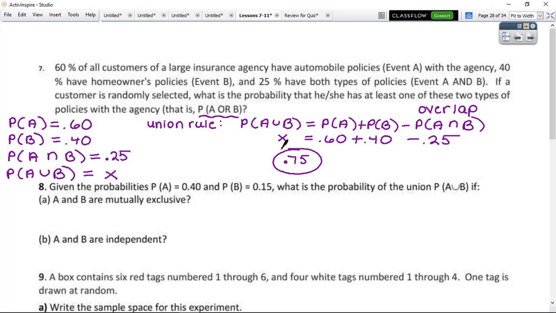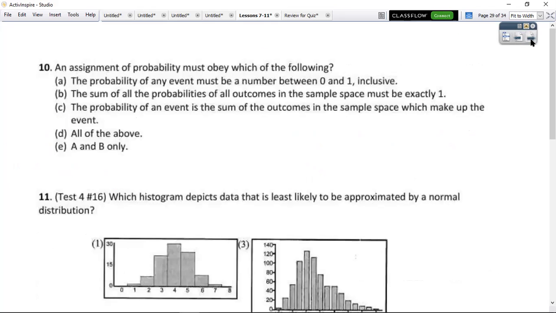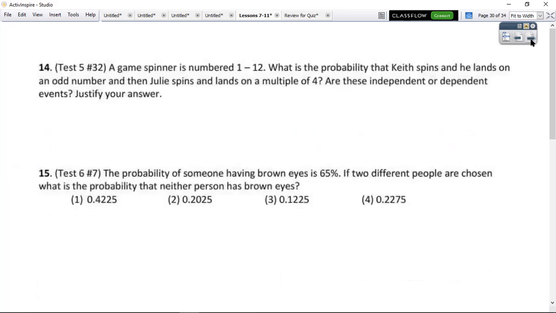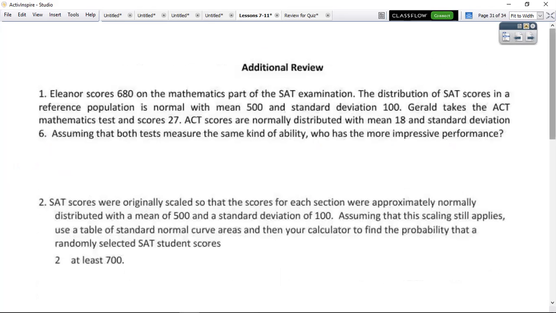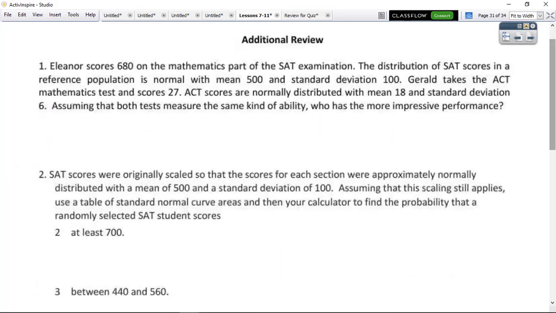All right, so now I would like you guys to flip right on over. You can flip past these, and you're going to flip right to this sheet in the very back of your packet that just says additional review. We're going to run through pretty much all of them. It says Eleanor scores a 680 on the math part of her SAT.